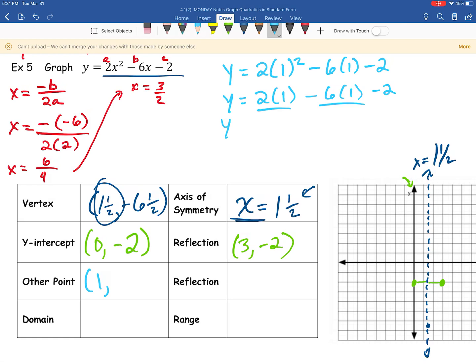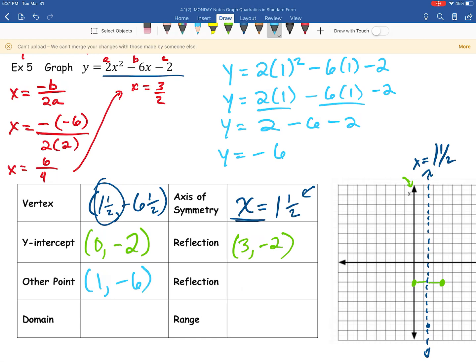Multiplying my values together, I get 2 and negative 6. Then lastly, combining these together, 2 minus 6 is negative 4, minus 2 again is negative 6. So when I plugged 1 in, I ended up with a y value of negative 6.